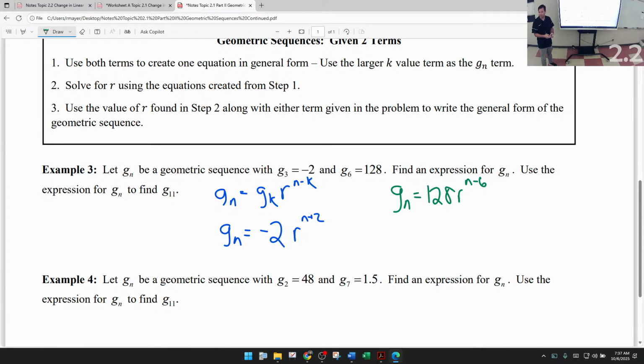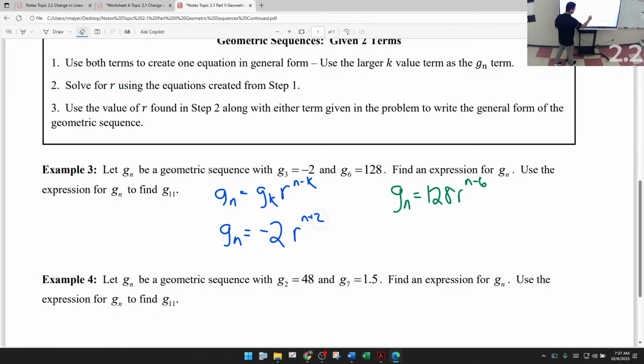How'd I tell you how to do it? Well, one, it's n minus 3 on the first one, because -2 is g of 3, so k is 3. Slow down. On the blue equation, k is 3. Oh, it's n minus 3. Okay.